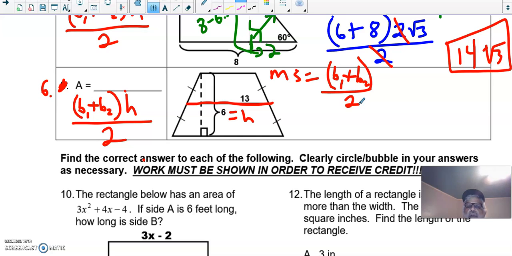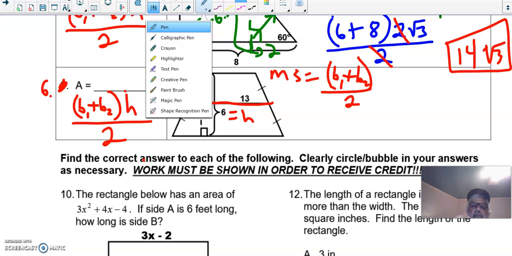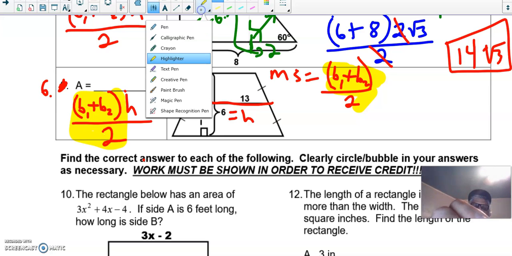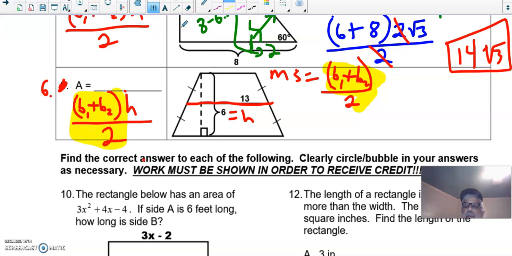And hopefully that looks familiar because this right here is also right here. So that part is 13. So what that means is all we got to do is take that part, which is 13, times the h, which is 6, and we have our answer.